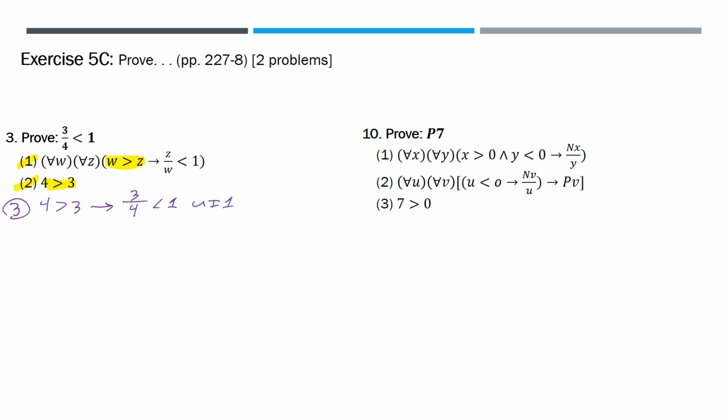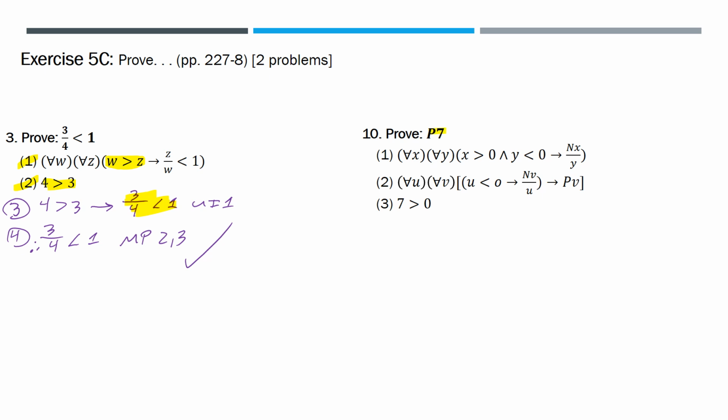We're given that 4 is greater than 3, so for 4, we can get this consequent by modus ponens. So 3/4 is less than 1 by modus ponens with lines 2 and 3. So that's really simple. Number 10 is a little bit more interesting.